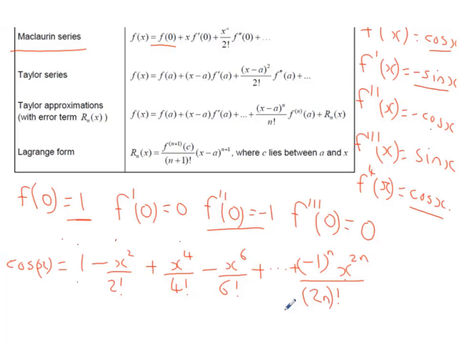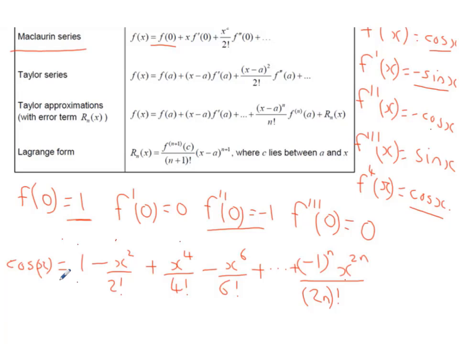Okay, and now we need to consider the error term as well. So we've got the series up until the nth term, but because we've used this equals sign here, we need to actually include the error term, because for this Maclaurin series expansion to be exactly equal to the function, it needs to include the error as well.